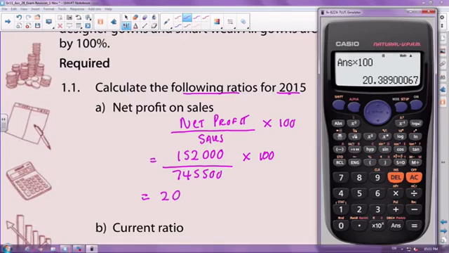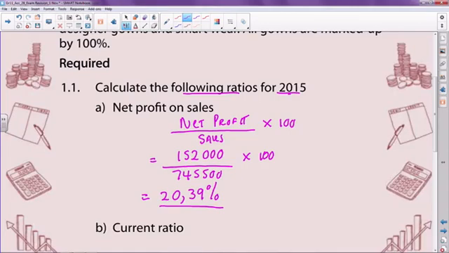Let's round off to the second decimal. Remember, in the exams, they often specify how many decimal places they want you to round off to. I'm going to round off to the second decimal, so 20,39%. So I've got my first calculation, and except for the net profit, the rest should have been quite straightforward.